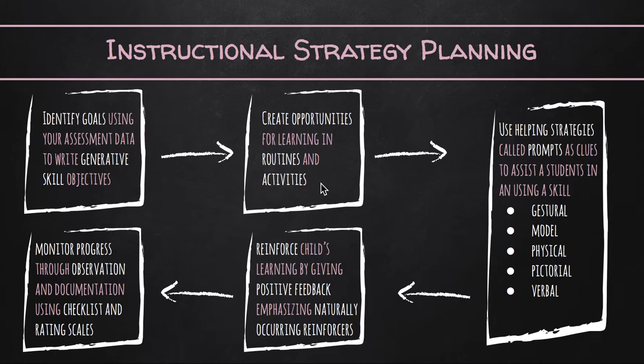Then we have to move to the second box, where it says create opportunities for learning in both routines and daily instructional activities. We want to have a lot of opportunities for them to work on the skills that we develop as important for them. And we want a variety of opportunities to practice the same skill.